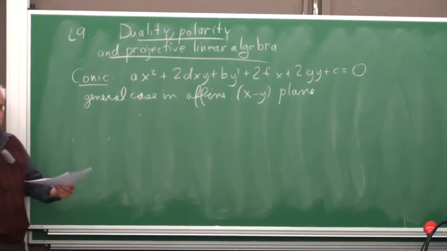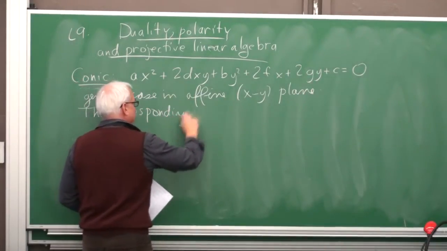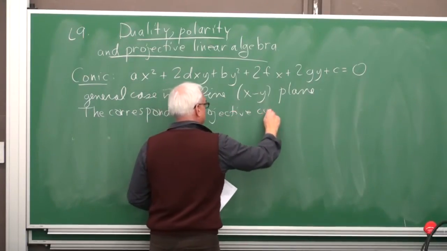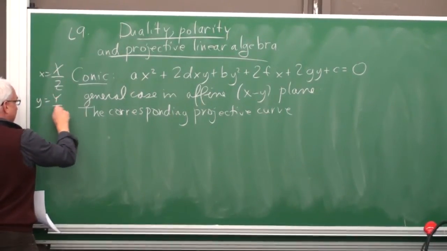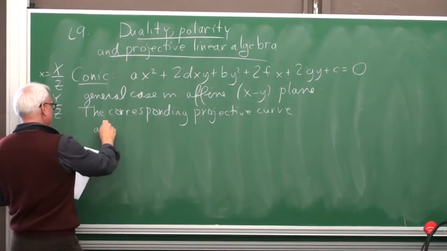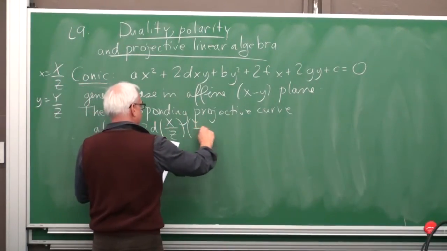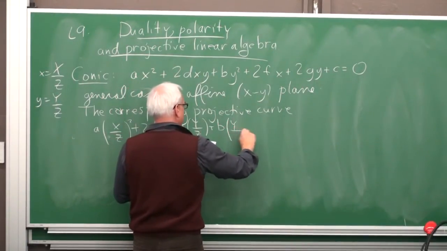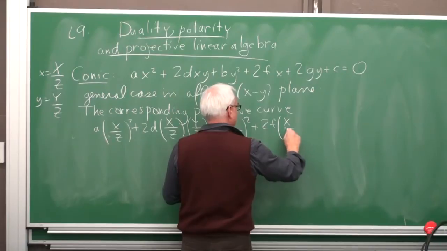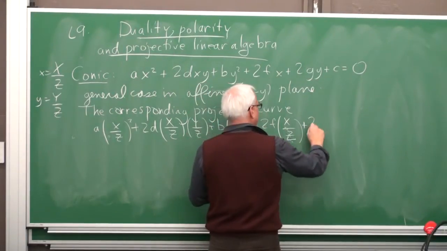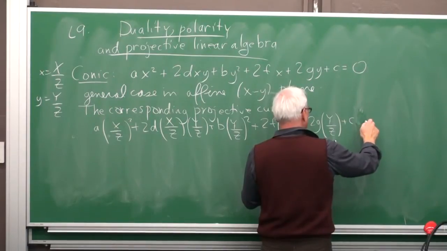Okay, so the corresponding projective curve is obtained by replacing the little x with capital X over capital Z and the little y with capital Y over capital Z. So a times (X over Z) squared plus 2d (X over Z)(Y over Z) plus b (Y over Z) squared plus 2f X over Z plus 2g Y over Z plus c equals 0.